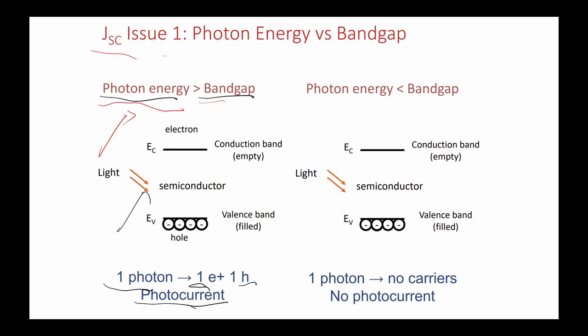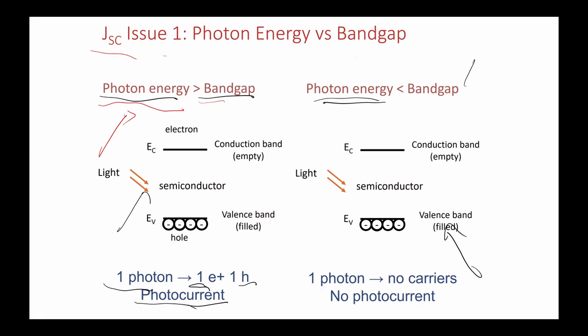But if the photons are absorbed less in the semiconductor, there will be less current. If the band gap is higher, or the photon energy is lesser, there won't be any generation of carriers, so the current will be less.